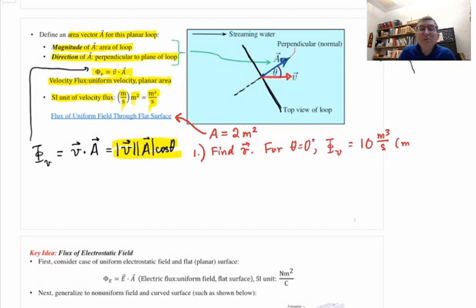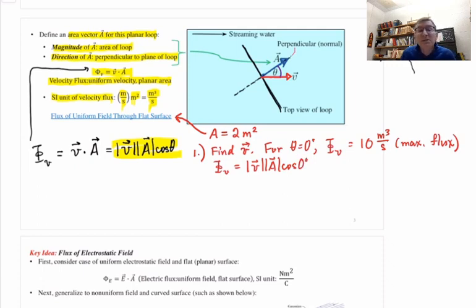For theta equals 0, you want to find V. The velocity flux is 10 meters cubed per second, and that's the maximum it can be. I contend we can use that, along with the formula highlighted right there for velocity flux, to find V magnitude, yes? So, phi sub V is magnitude V, magnitude A, cosine theta. I'm going to use 0 degrees there.